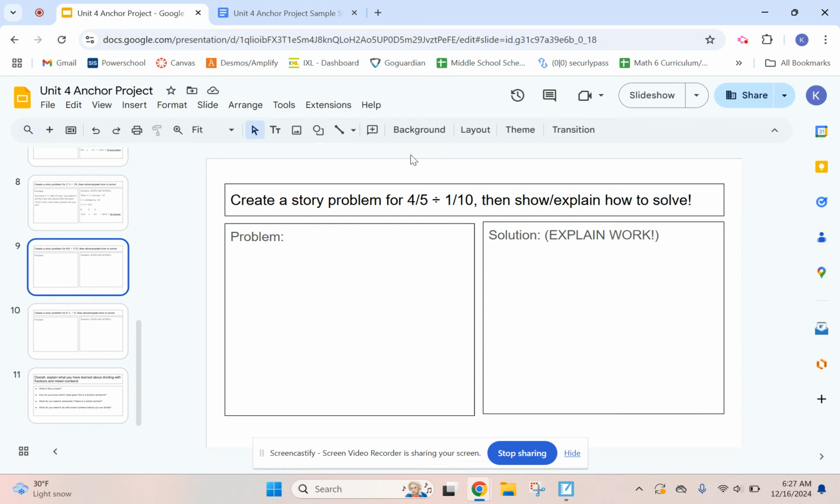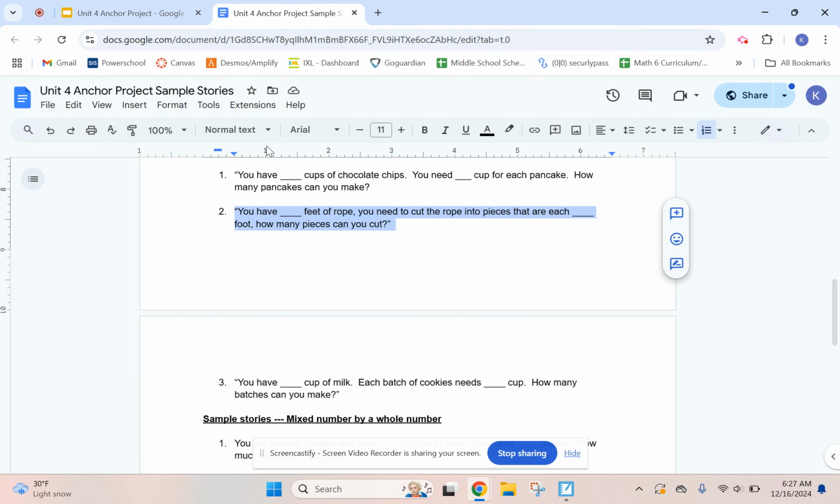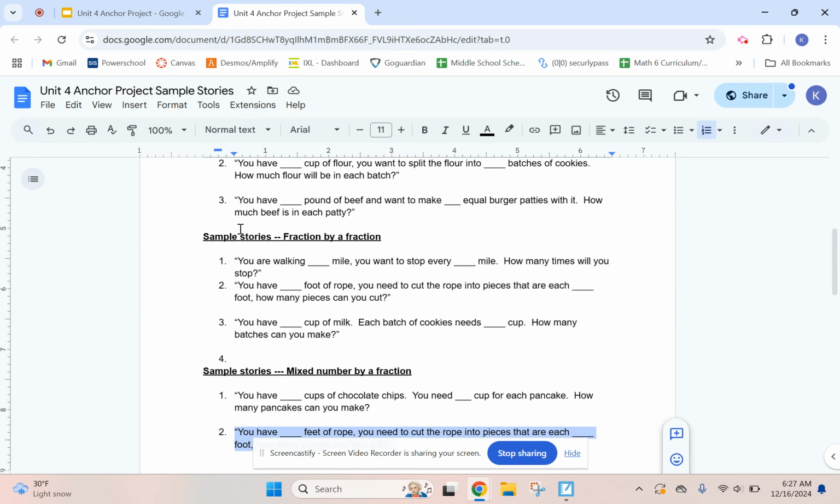All right, create a story for 4/5 divided by 1/10. So we have another fraction by a fraction. So let's go back up to those stories. All right, let's do cups of milk and making cookies.